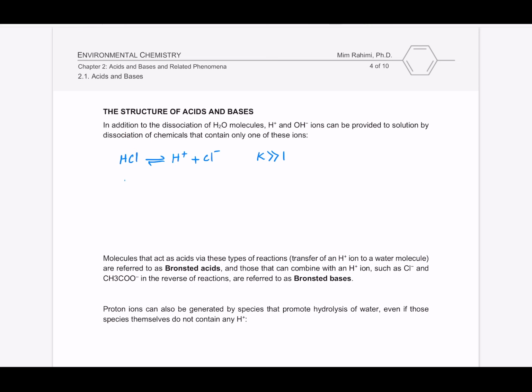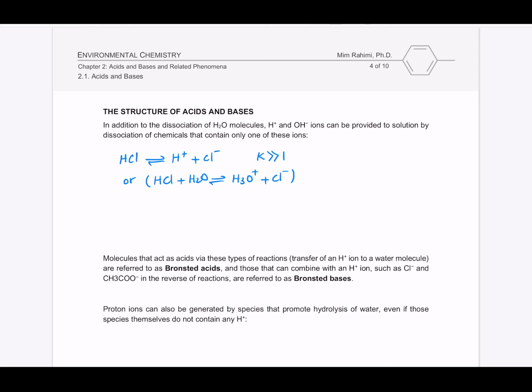Or to be slightly more accurate, what happens is when you add H plus to water, you're producing hydronium plus Cl minus. So in this case, you introduced something that is directly introducing H plus.